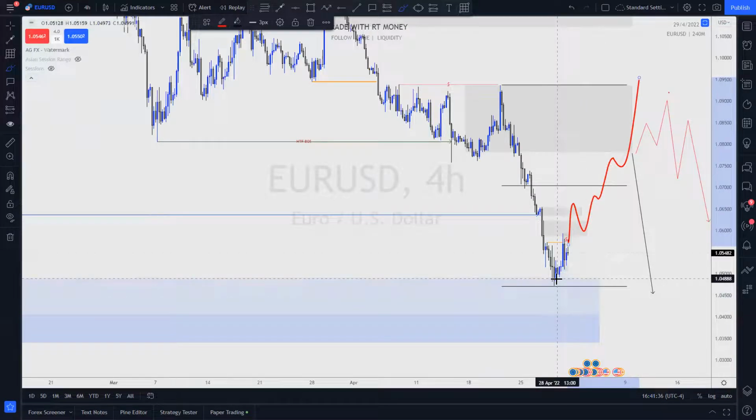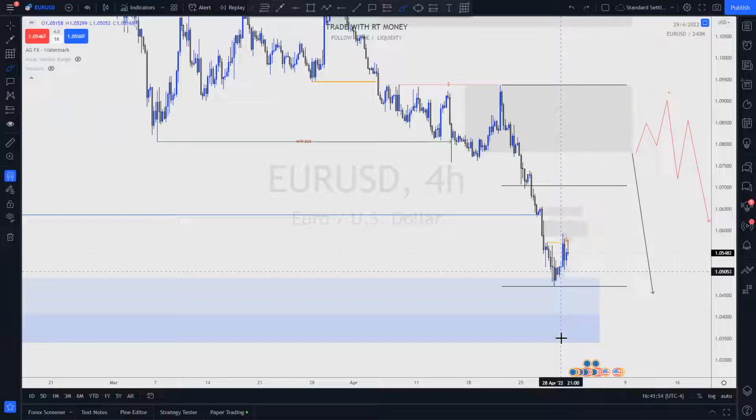But if we see a pull up where we are breaking zones of supply, I will look for that pullback, and we'll see if we can get a confirmation entry.